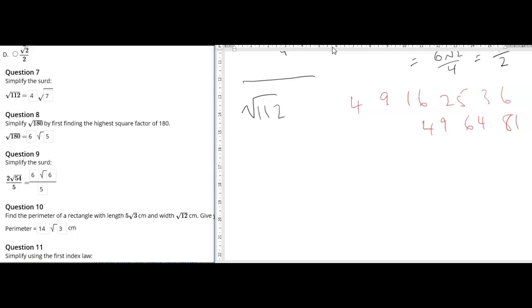So 4. 4 now goes into it. The way I think about it is, does 4 go into 100? Yes. Does 4 go into 12? Yes. So 4 does go into 112. 9 doesn't. 16, again, very difficult, so we've got to go through it.